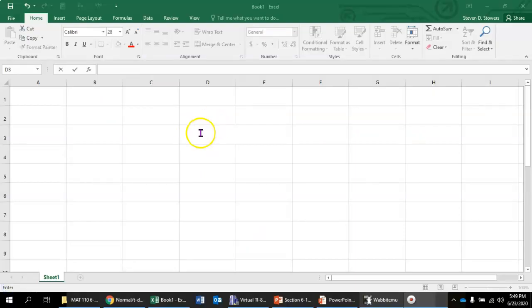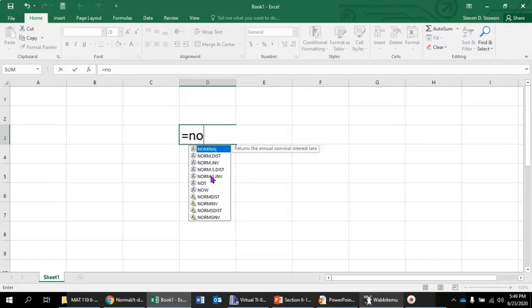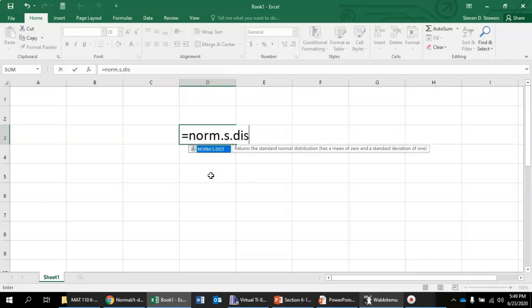Now, I also mentioned that you could do this using Excel, and here's how that works. In Excel, go to some blank cell in your spreadsheet, type in equals NORM.S.DIST, so that's for the standard normal distribution, and then parenthesis, and you're going to put in just one z value.